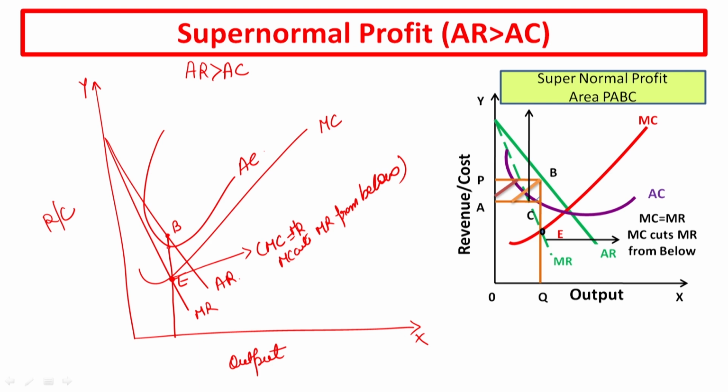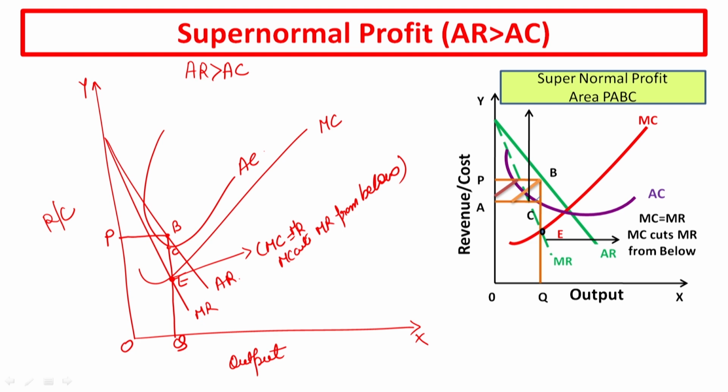This is your average cost, that is the point C. This point needs to be extended towards the y-axis. This will be point P. That means OP is the equilibrium price and OQ is the equilibrium output.